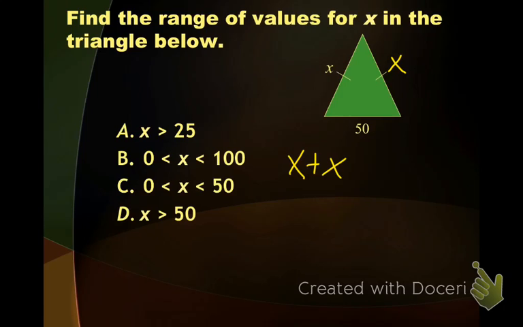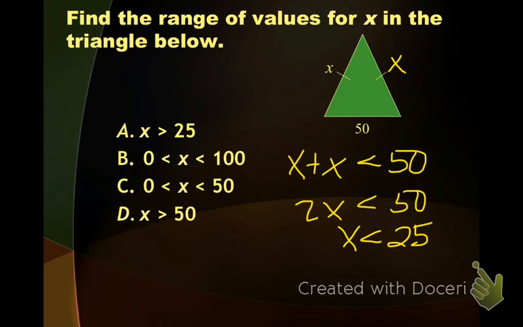So they need to be less than 50. So 2x has to be less than 50. x has to be less than 25.